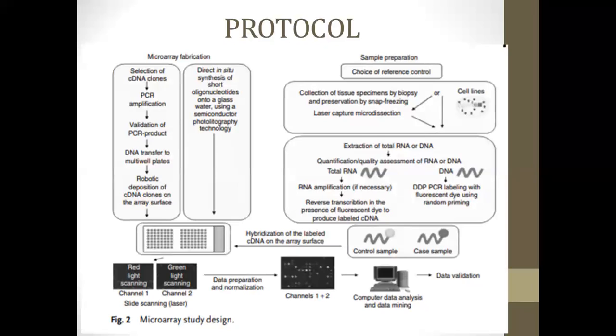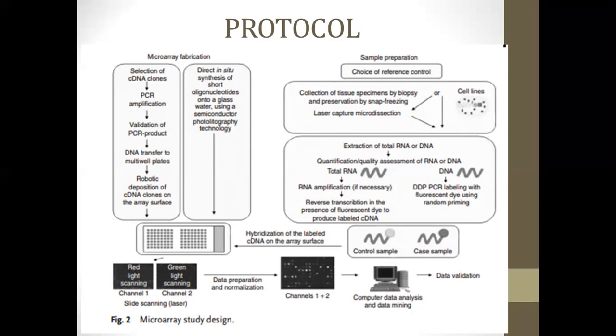Once your mRNA is converted using reverse transcriptase, you add both your case sample as well as your control sample. The control sample is from healthy cells, and the case sample is the test sample. Then you add both of the samples to the microarray chip.